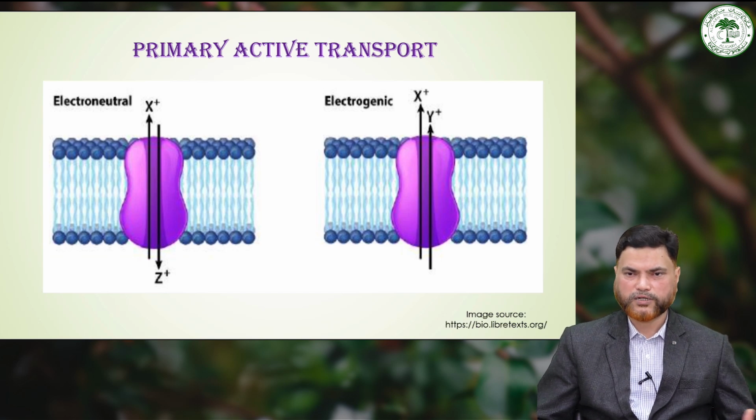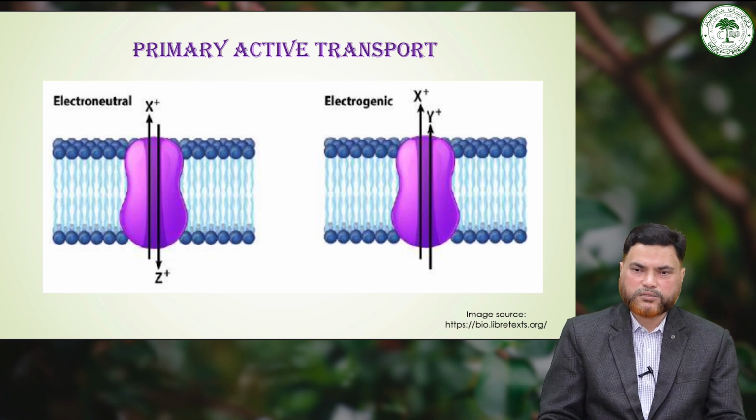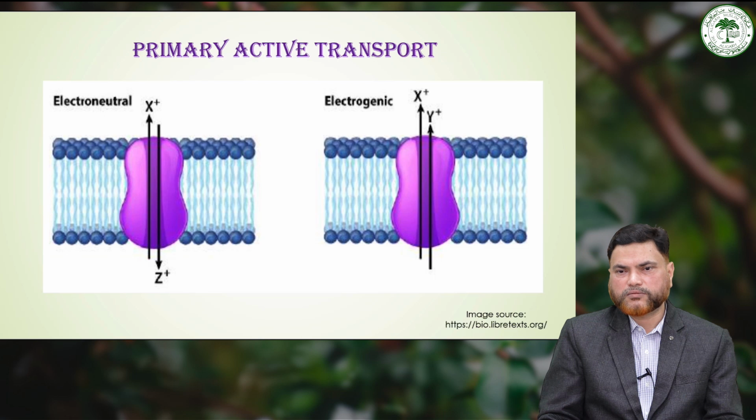In some cases, primary active transport can also be driven by absorption of light by certain carrier proteins, which has been observed in certain bacteria. Carrier proteins involved in primary active transport are referred to as pumps, because they actively pump ions or molecules across the plasma membrane using energy derived from ATP or absorption of light.